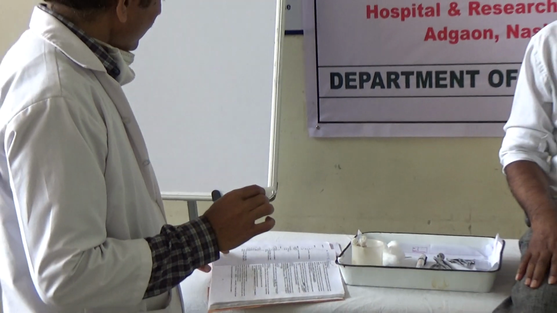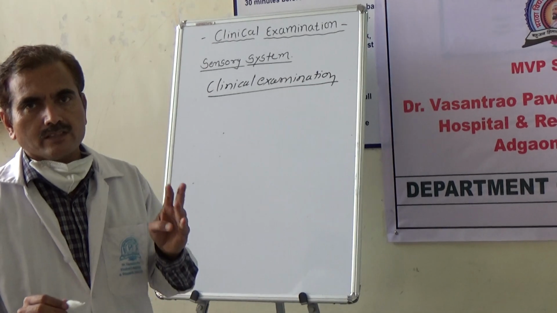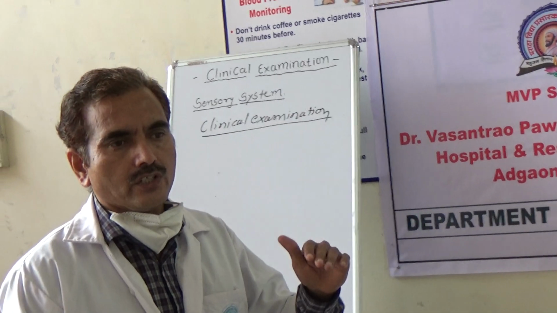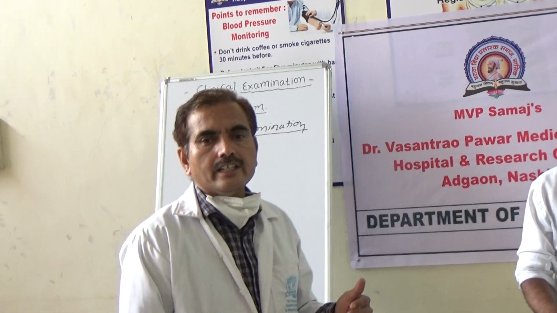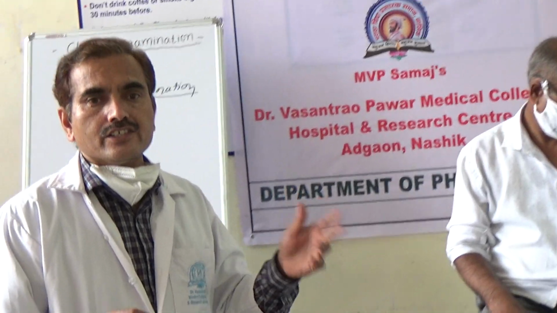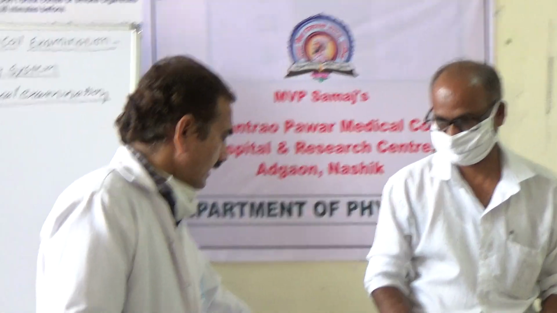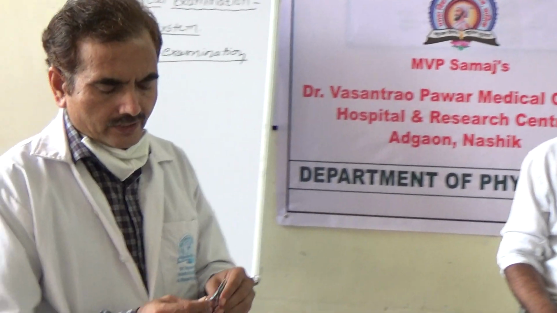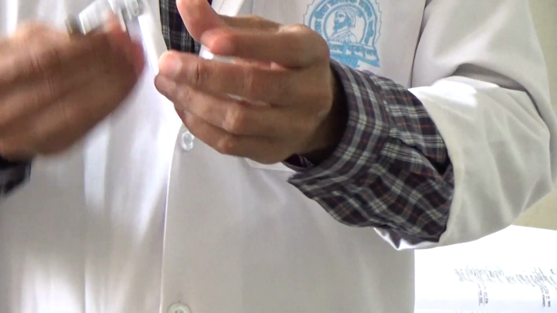Then the second test we have to see is two-point discrimination. So first we have seen just touch, then touch localization, and the third step in the touch sensation is tactile discrimination. For this, as we discussed in the beginning, we require a very simple instrument called a compass aesthesiometer.